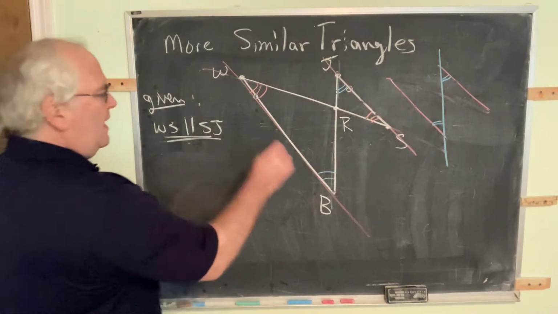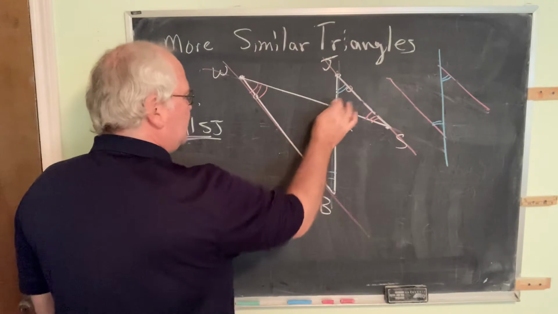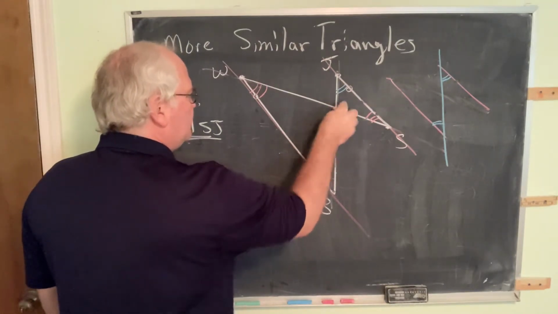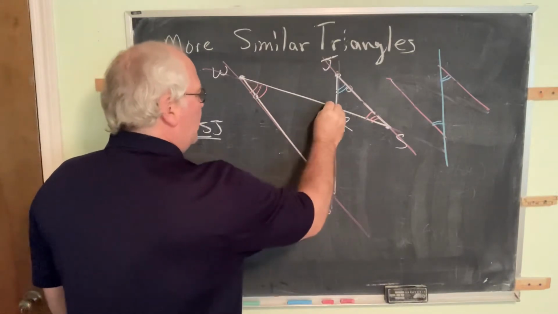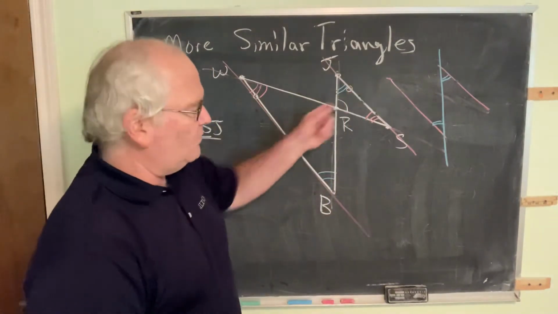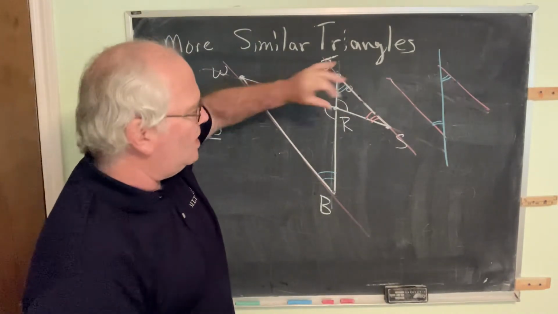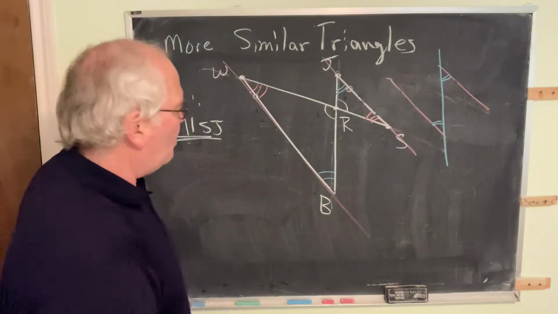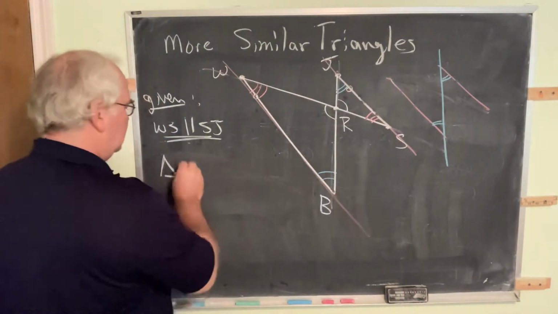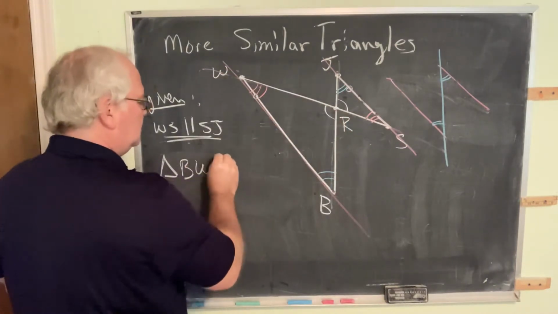And so in triangle BWR, the last piece we have is this angle. Well, notice these two angles, they're vertical angles. We knew going in, it doesn't matter what's happening with the lines themselves. Whether these are parallel or not doesn't affect these two. These two are vertical angles. We know those are equal. And so what we have is triangle BWR.